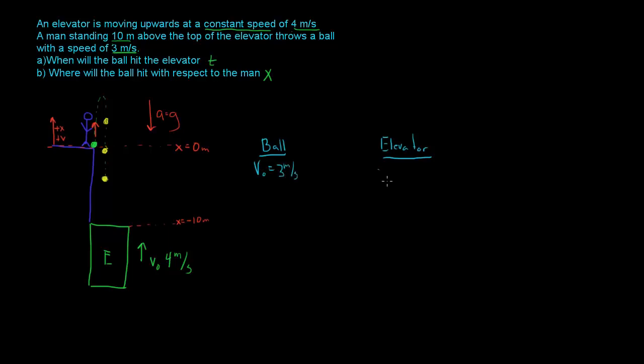The elevator has an initial velocity, which is also its final velocity, of 4 meters per second. The ball starts at a distance of 0 meters. We're going to assume the man throws the ball starting at the ground. And the elevator starts at an initial position of minus 10 meters.